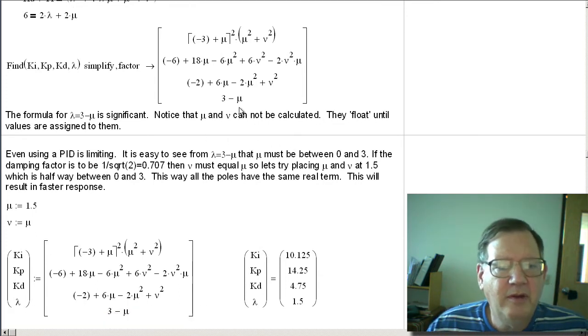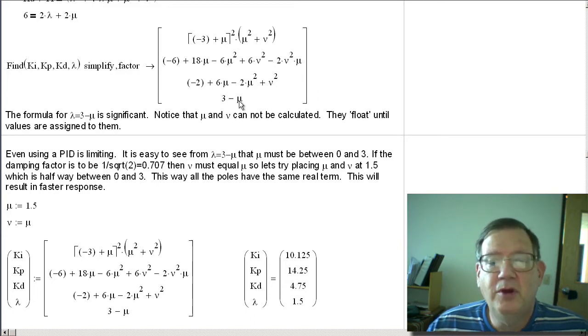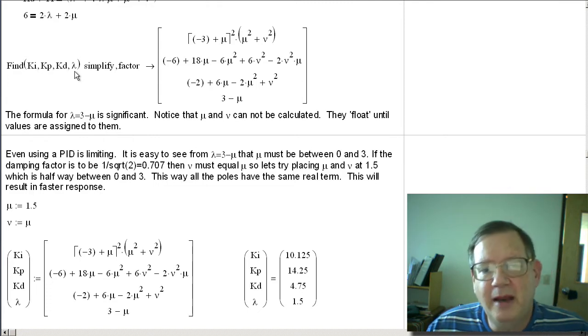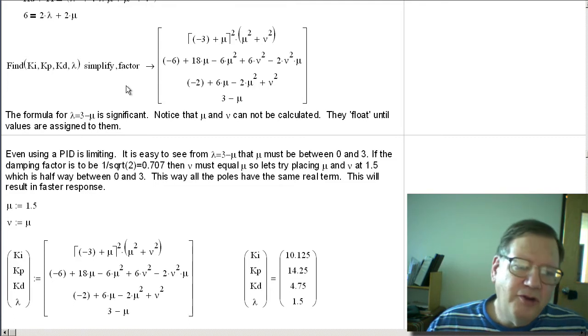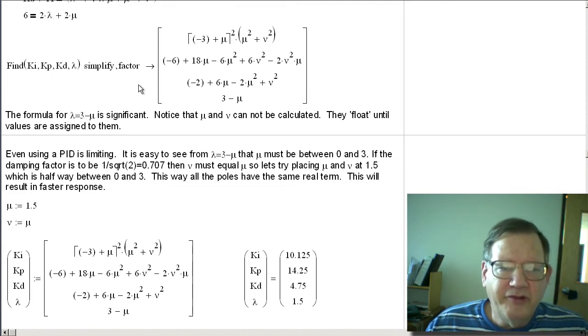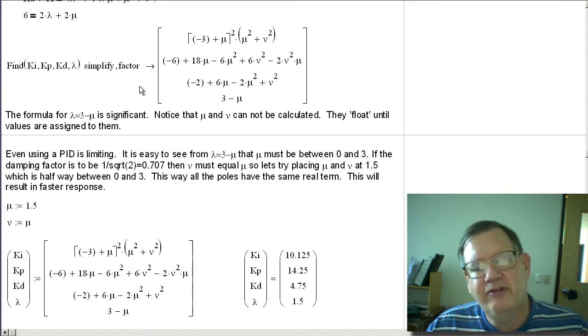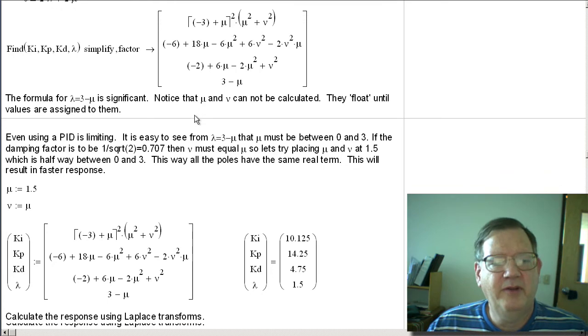If we make mu 1, lambda can be equal to -2, or it will be equal to 2, so the pole will be at -2. If we make mu a 2, the lambda will be a 1, so the pole will be at a -1. But that pole is not very far to the left, so the response is going to be very slow because you're going to have terms like e to the minus t or e to the minus 2t. The response, again, is going to be very slow.